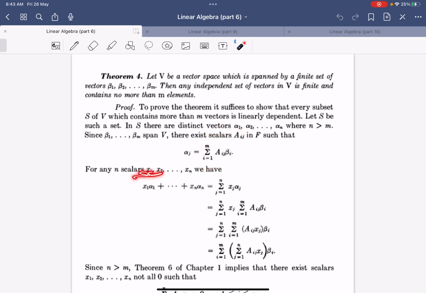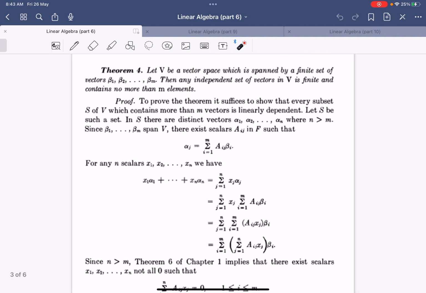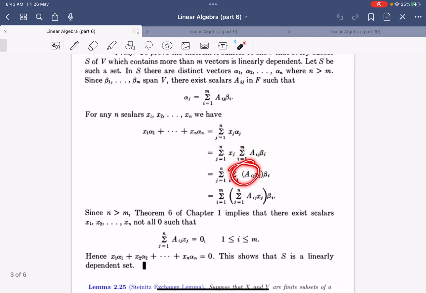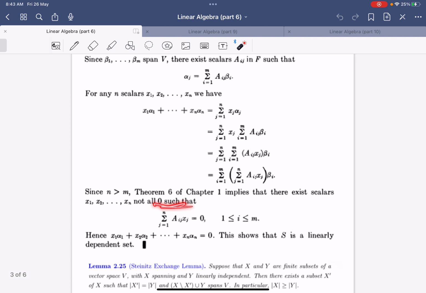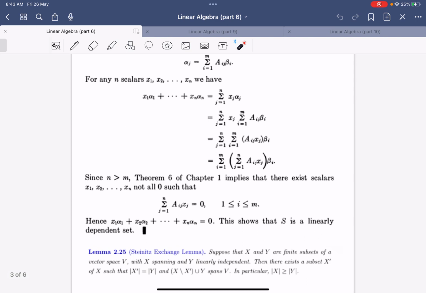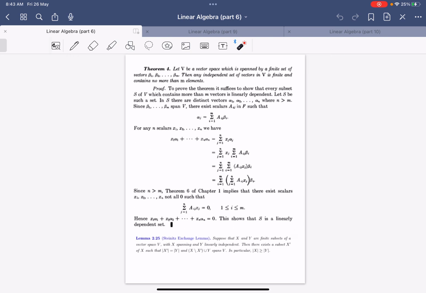Then for any scalars, we form a linear combination of alpha 1 to alpha n. You can substitute each alpha j as the following linear combination of the beta i's and form this double sum. Since n is more than m, we know there are scalars such that not all of them are 0. This shows that the set is linearly dependent.